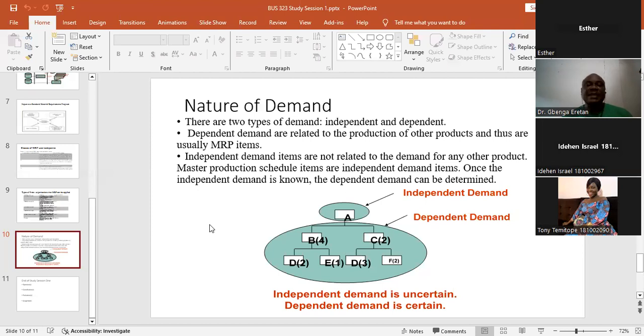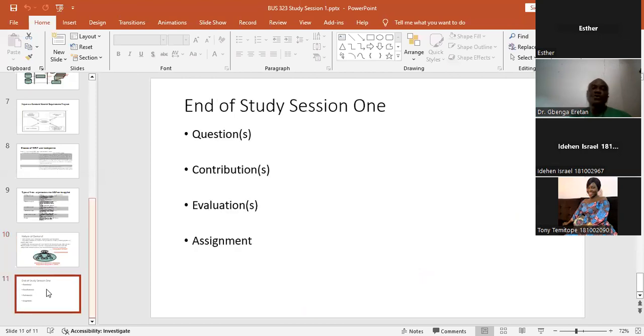Once the independent demand is known, the dependent demand can be determined. And we have been able to show the diagram of an independent demand, also of a dependent demand, which has to depend on various components as contained in the circle below. Thank you very much. That is the end of studies section 1.